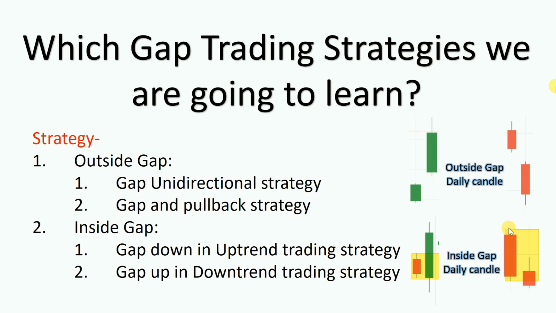Similarly, in this case, the gap up happens on the second day and it is within the range of the previous day. Based on this, we will see two types of strategies, which are the gap down in uptrend trading strategy and the gap up in downtrend trading strategy.